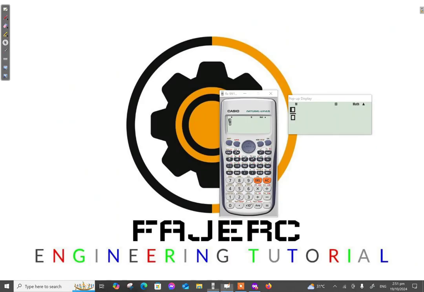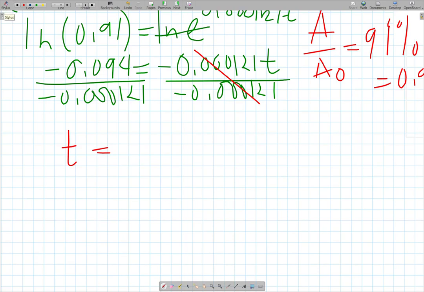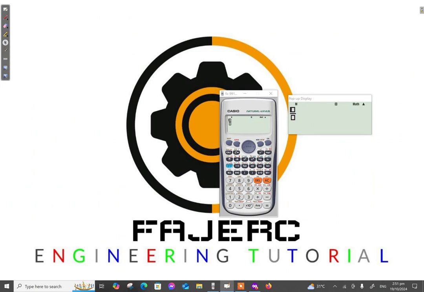That is how much? Negative 0.094 over negative 0.0000121 equals 776.85 or 777 years.